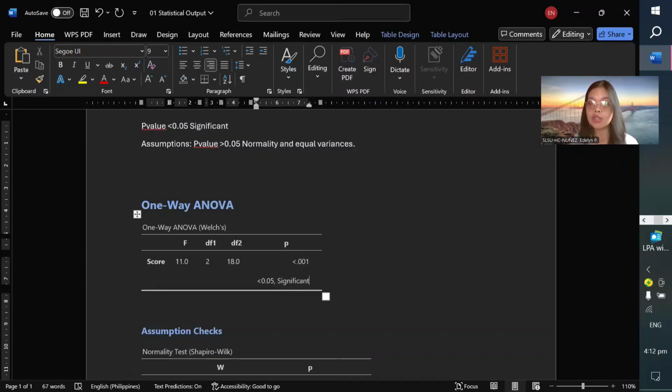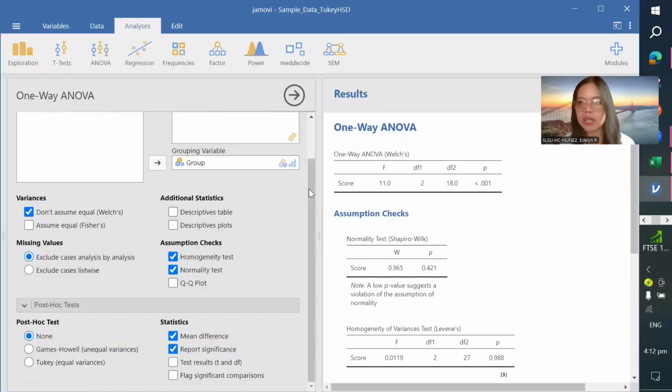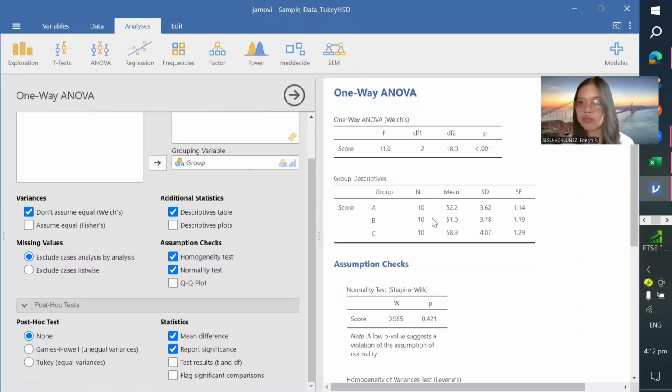All right. So when we say significant, we can only say that there is a difference among the three groups. So we go back to the Jamovi application. We have here a significant difference, so we can use ANOVA. We will visualize by clicking the descriptive table. It will give us the mean, because ANOVA is a test of the mean.